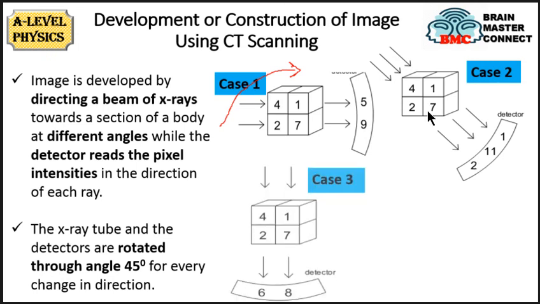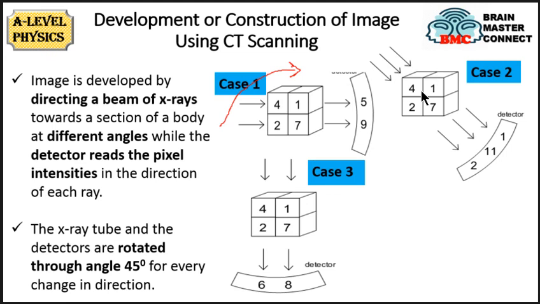Now if it moves again for another 45 degrees, that will obviously be 90 degrees to its initial position, which is something like this. So only this section and this section is recorded, by adding them up. So 4 plus 2 will be 6, 1 plus 7 will give us 8, and that is the third case in this situation.